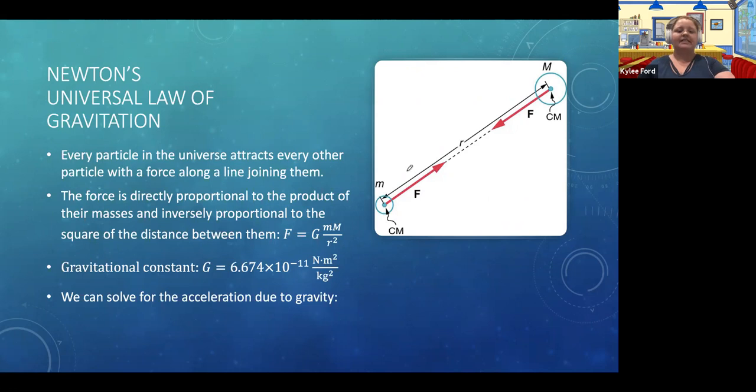For every particle in the universe, there is some kind of attraction between them. If we have one particle here and another particle here, there is some kind of attraction between them.